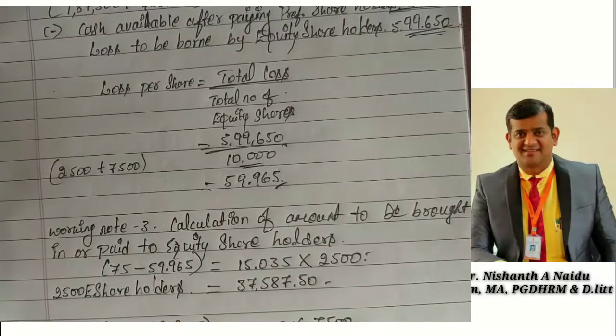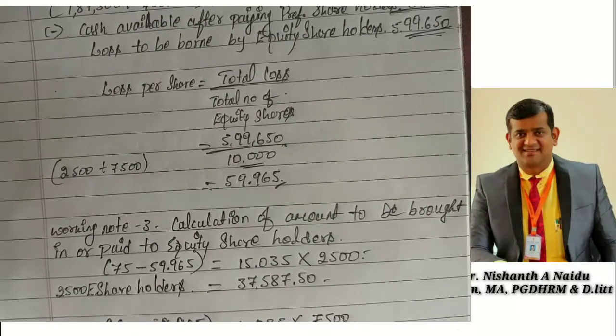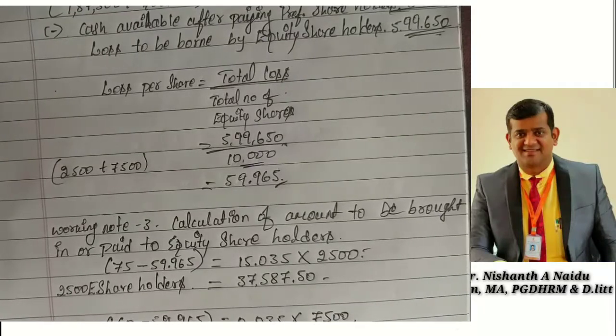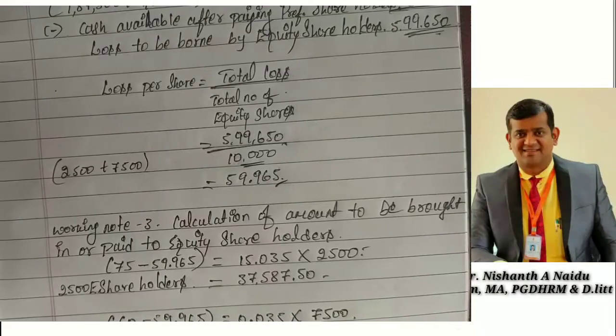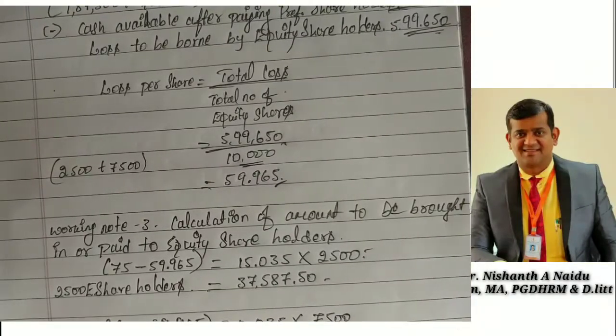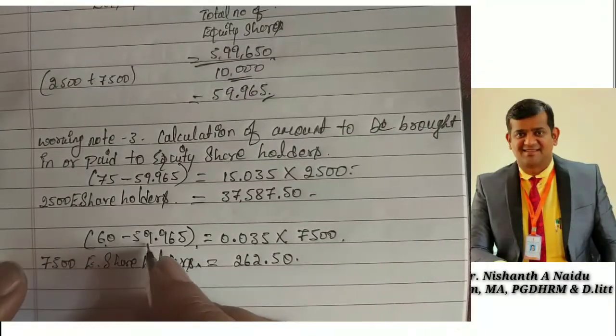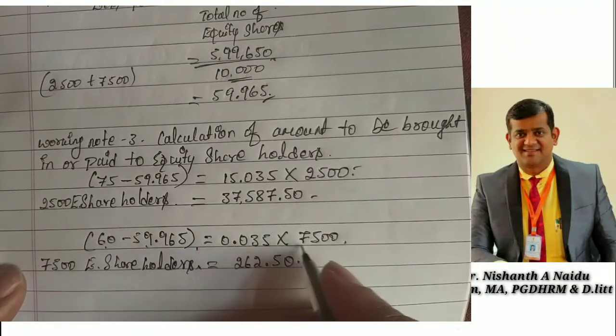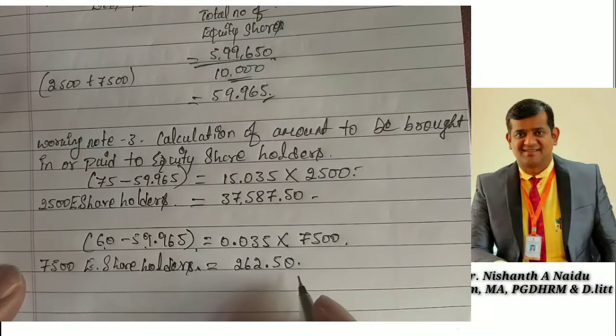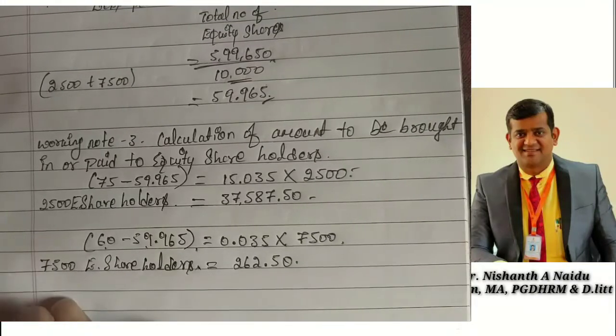So that is for 7,500 equity shareholders who have paid rupees 60. Paid 60 and loss to be borne 59.965. So 0.035 into 7,500 is 262.50. Clear?